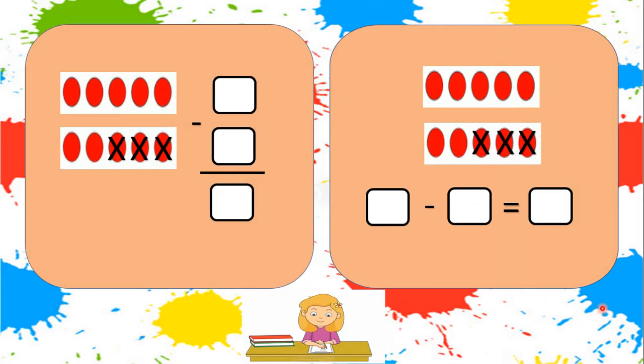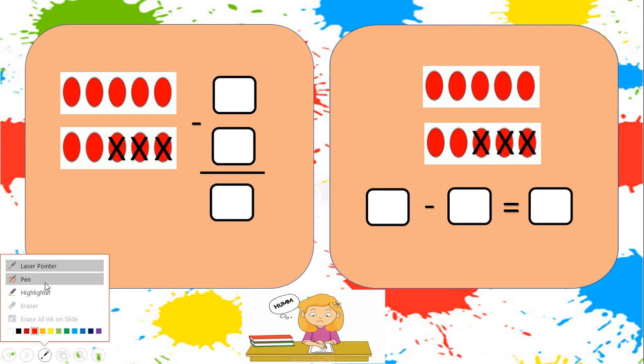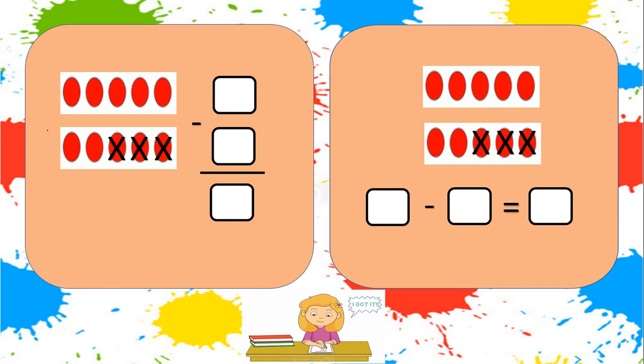Now let's take this illustration. First, we can see red balls here. Again, let's count how many balls we have here. 1, 2, 3, 4, 5, 6, 7, 8, 9, 10.